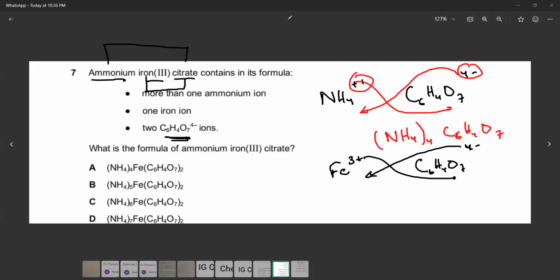So what is the formula? It will be Fe4(C6H5O7)3. This is one way of doing the question.